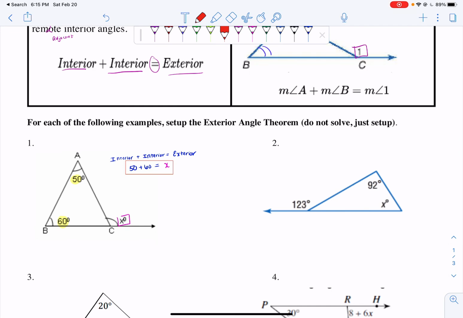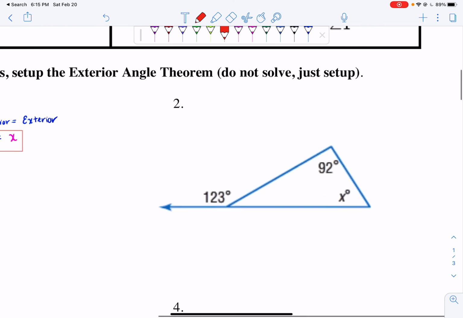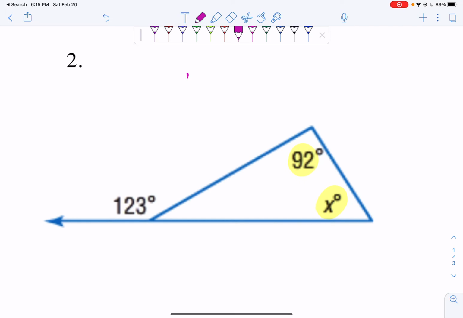Let's look at our second example. I have my two interior angles, 92 and x. So I have 92 plus x equals my exterior angle, which in this case is 123. And that's your final answer.